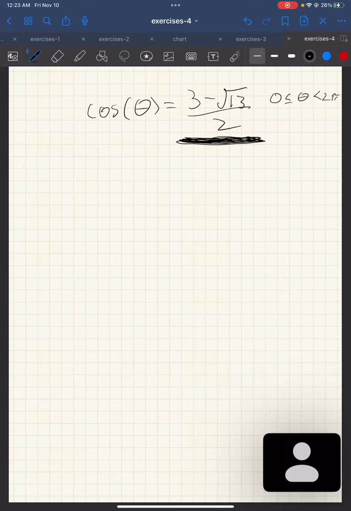That is cosine inverse. So theta is equal to just cosine inverse of this horrid number. Our calculator can give this to us, but the only way I can give it as an exact answer is by leaving it like this.